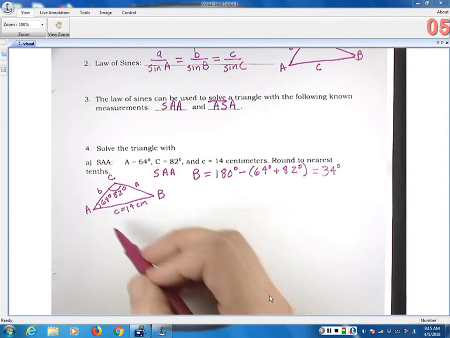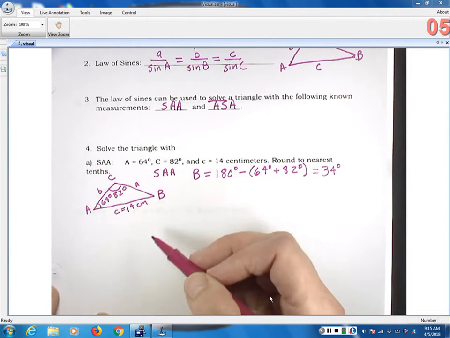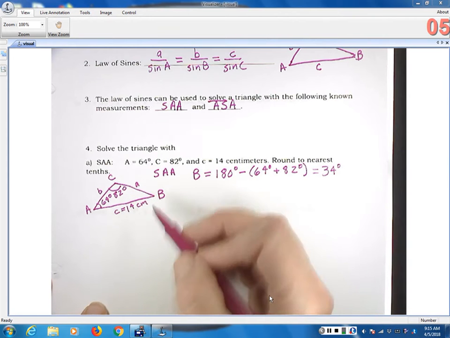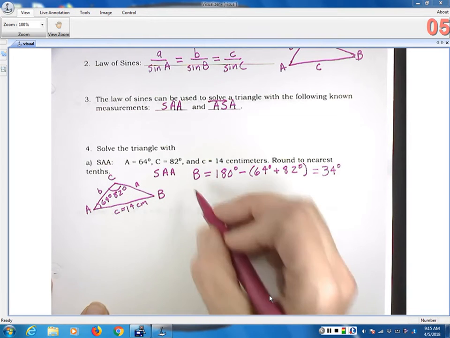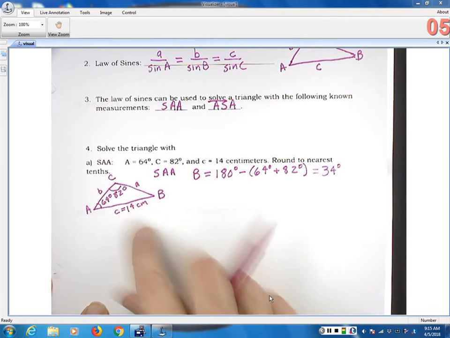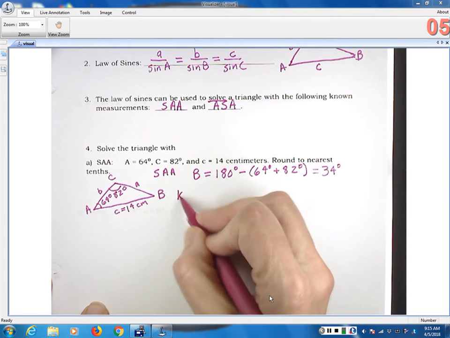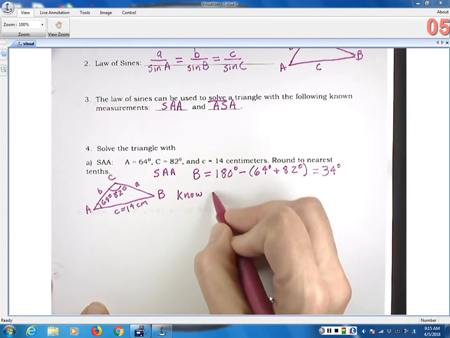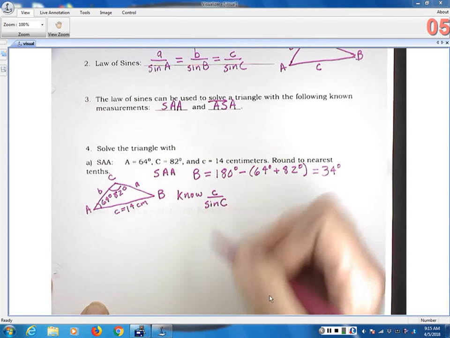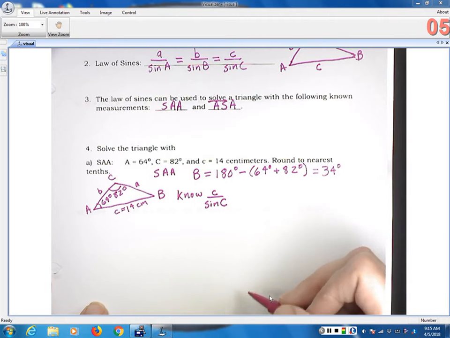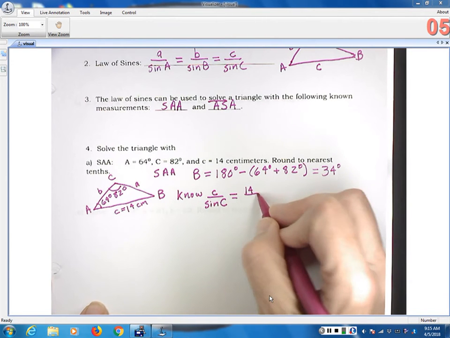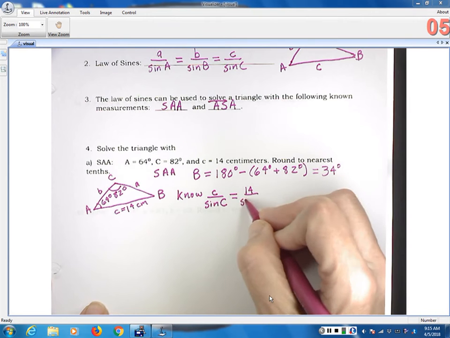Now, we're missing side a and b, and we know a side and an angle here, so we know small c over sine of angle C. That is 14 over sine of 82 degrees.